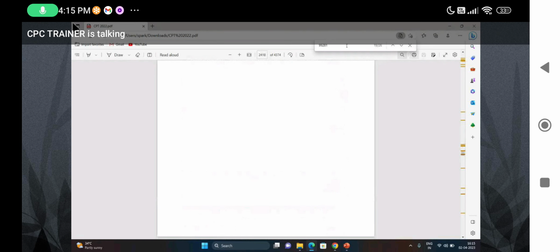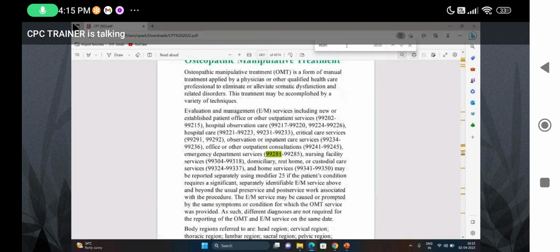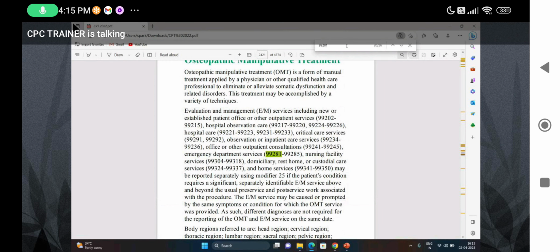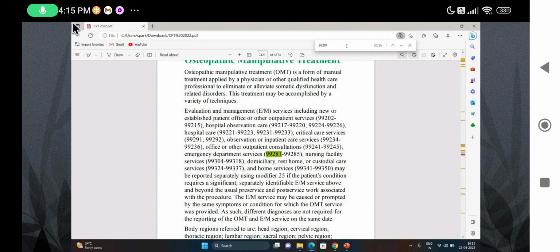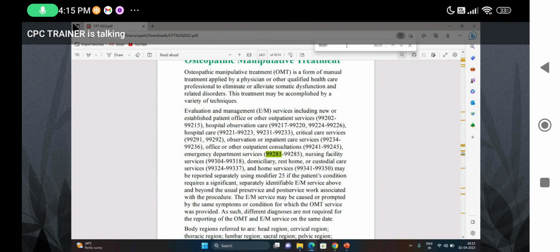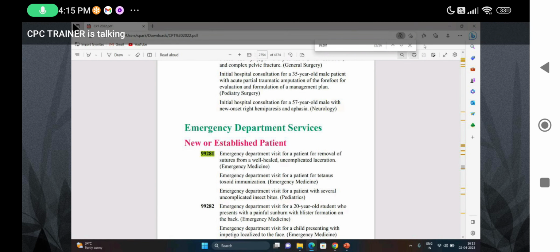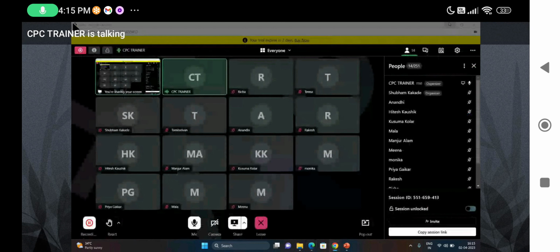Please note down the codes. The codes are 99281 to 99285.